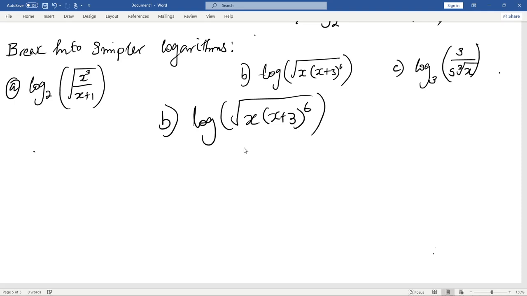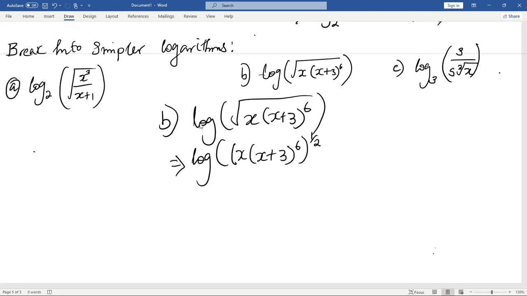Like we mentioned earlier, the square root of something is just the same number raised to the power half. So here we're going to have log of open brackets x times x plus 3 to the power 6, close brackets, to the power half. Let me just get rid of that bracket that we have inside. Then it can be written like this.